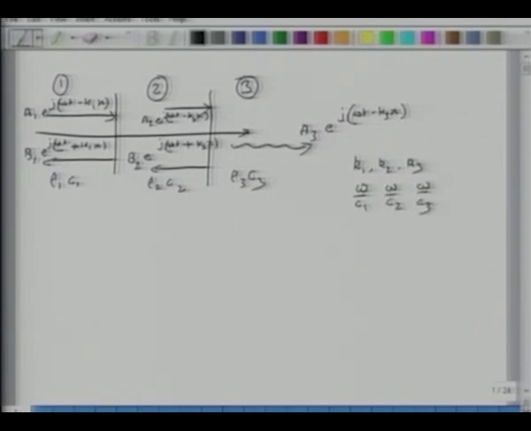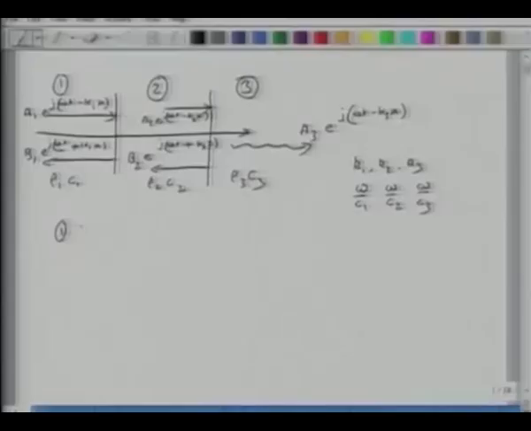Now think about it. As this wave hits the first boundary, what is the boundary condition at that point? The velocity at that point, whether you consider boundary 1 or boundary 2, is the same. Velocity just inside the boundary and just outside the boundary is the same. So velocity is continuous across the boundary.